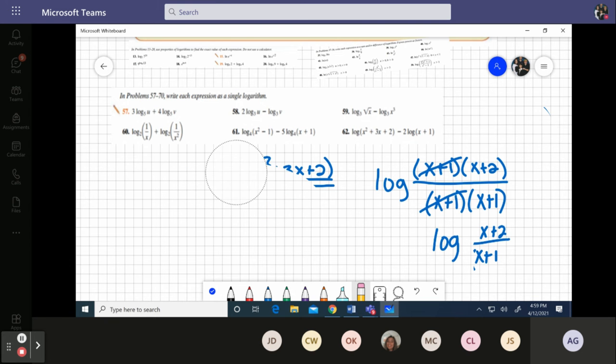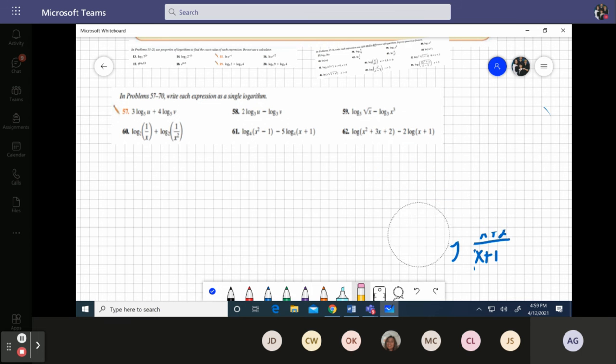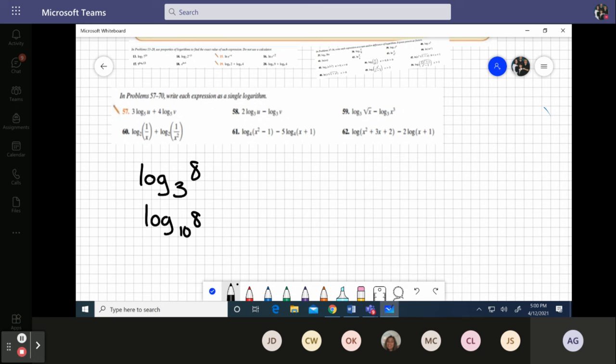The last thing we're going to talk about today is when that base wasn't written there, you can't punch that into the calculator. Okay? It doesn't do log base 3. If you hit log 8, you're going to get the answer to log base 10 of 8.